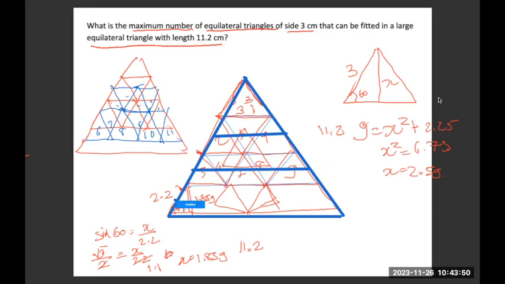And then its middle point will be somewhere here. So if I do this and this, okay, so that's it.